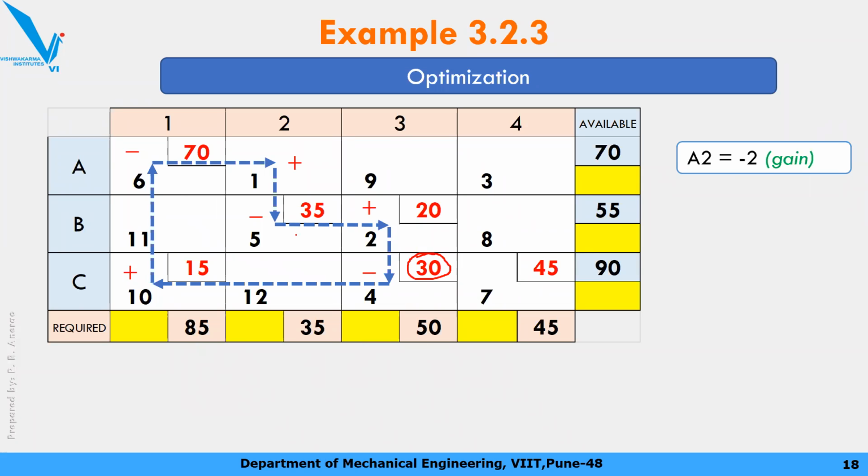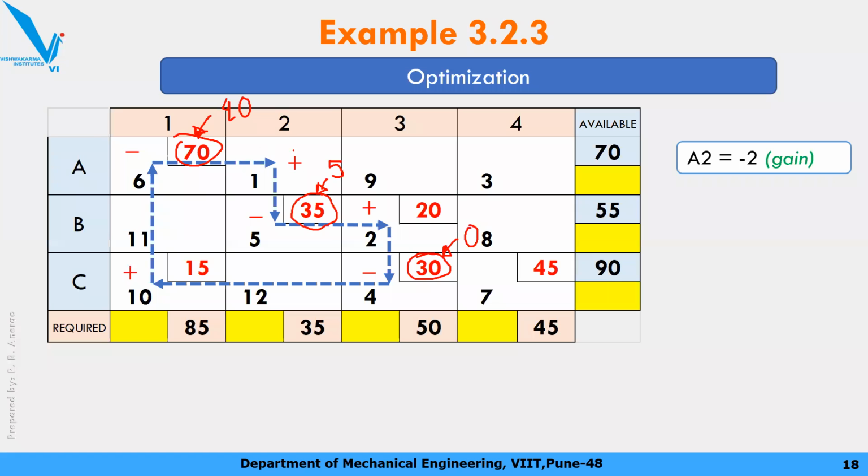Now what to do: wherever there is a negative cell, take out 30. The allocation here is 70, so deduct 30 from it, you will get 40 here. Then from 35 take out 30, you will get 5 only. From 30 take out 30, you will have 0 allocation at this location. Now wherever there is a plus sign, you need to add that 30.